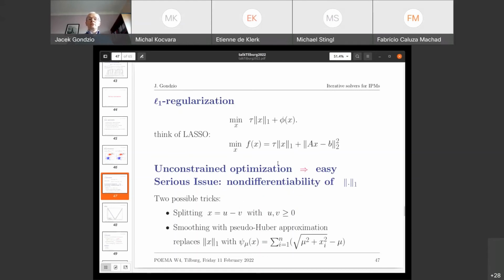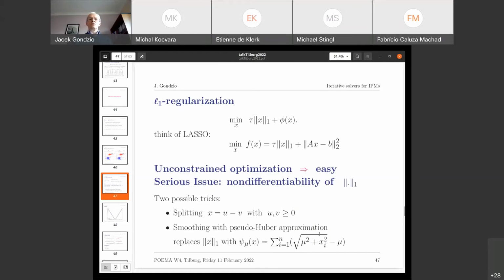We can either split every component of the vector, split the vector into positive and negative part of it and keep both non-negative, or we can use smoothing. We can use an approximation of the cusp, because the function is non-differentiable on such a small set that we could approximate it with some other function easier to deal with.